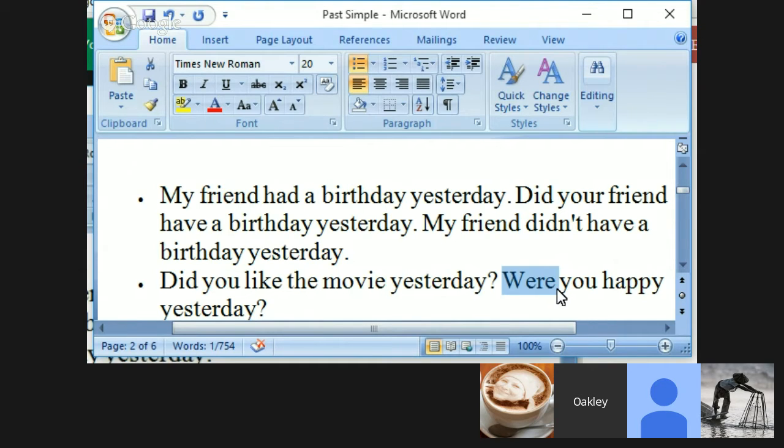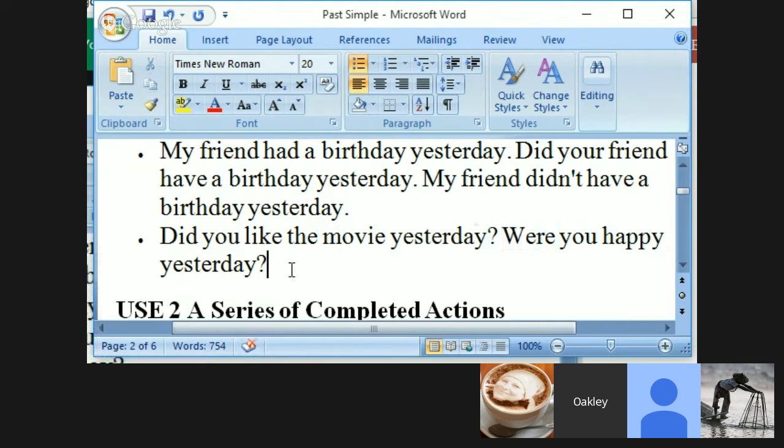And when we use it in a question, with the verb to be specifically, we don't need did. With any other verb, you do need did. Okay, I'm glad you did that. Okay, and negative, we weren't happy yesterday. Right, like that. Again, I don't need did in a negative.